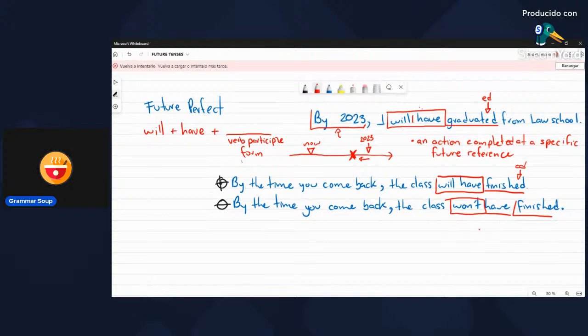Usually when you have future perfect tenses, you will always have this little word, by, which means that before this action, this needs to be completed. That's what by means. You see? Wonderful.